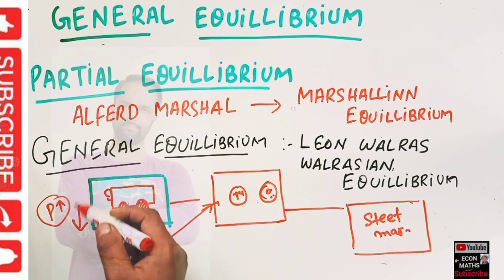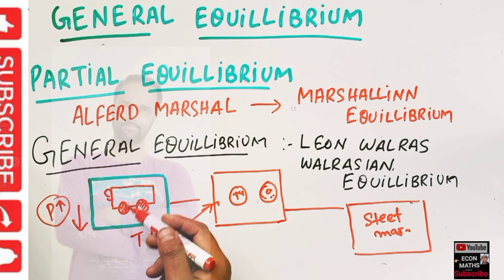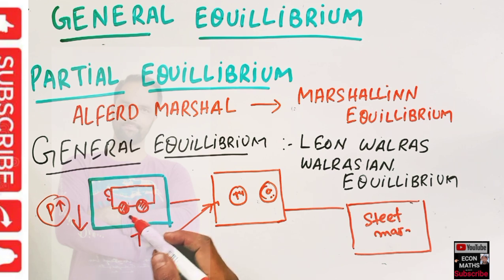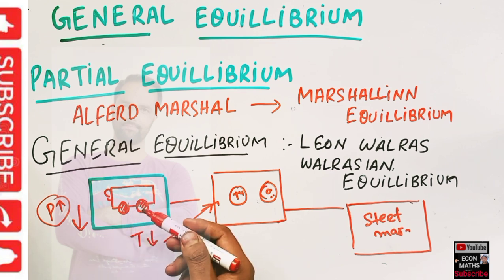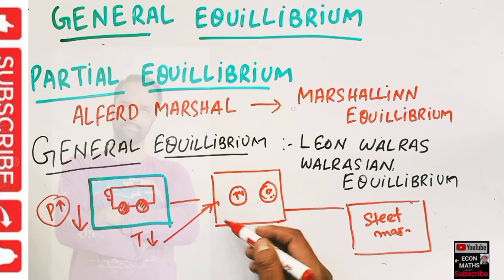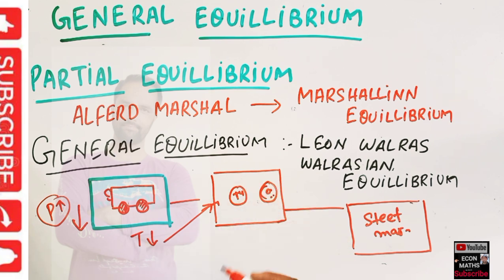So this electric car company or firm does not make tires by itself. It actually gets it from another market. So if quantity demanded of electric cars gets decreased, the quantity supplied in the tire market will also get decreased.